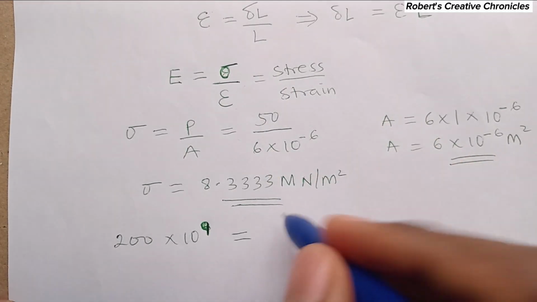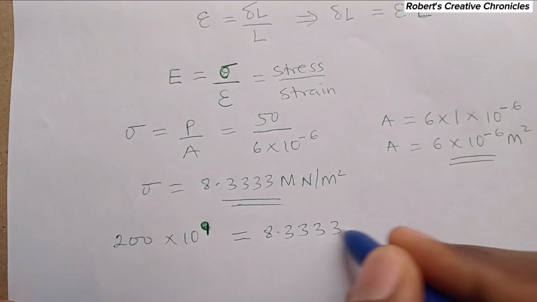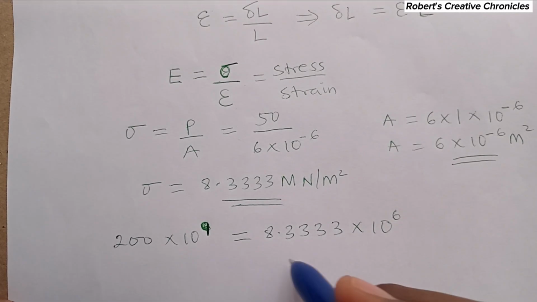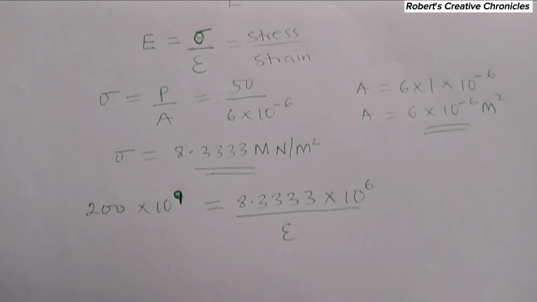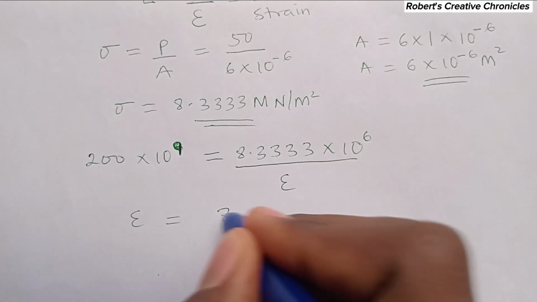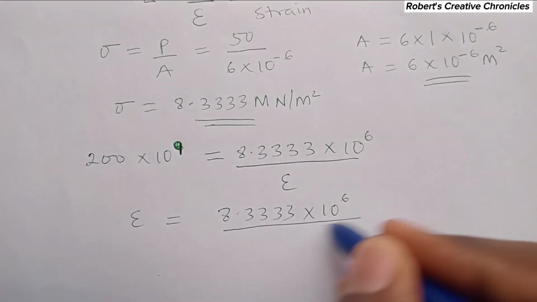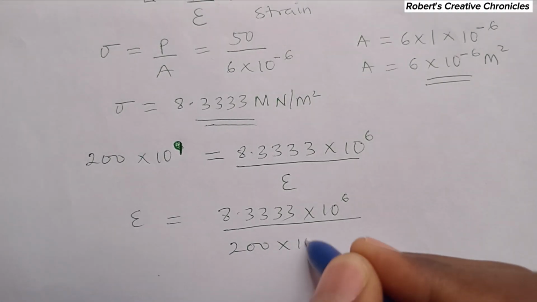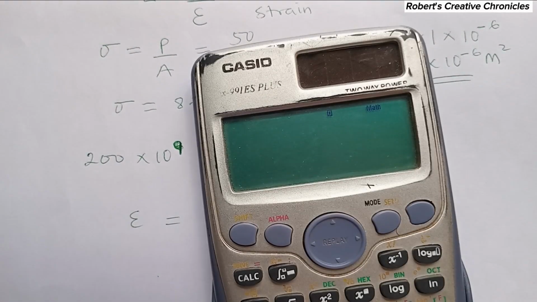The stress is this, 8.3333 times 10 raised to the power of 6 divided by the strain. So now the strain will be what? 8.3333 times 10 raised to the power of 6 divided by 200 times 10 raised to the power of 9.